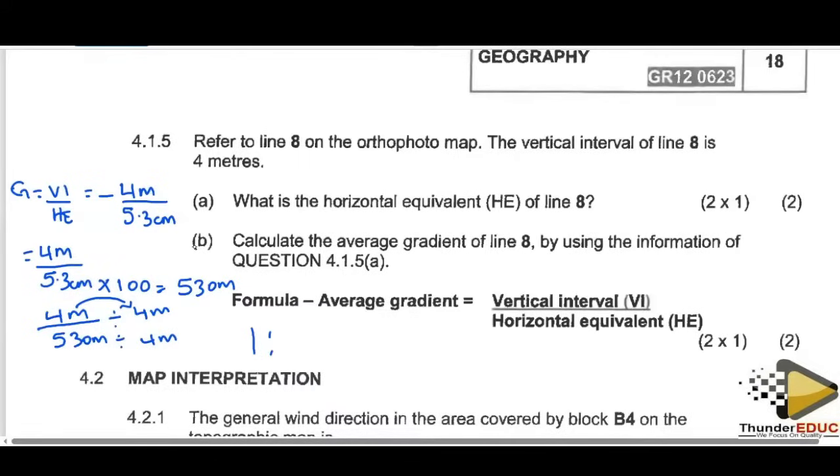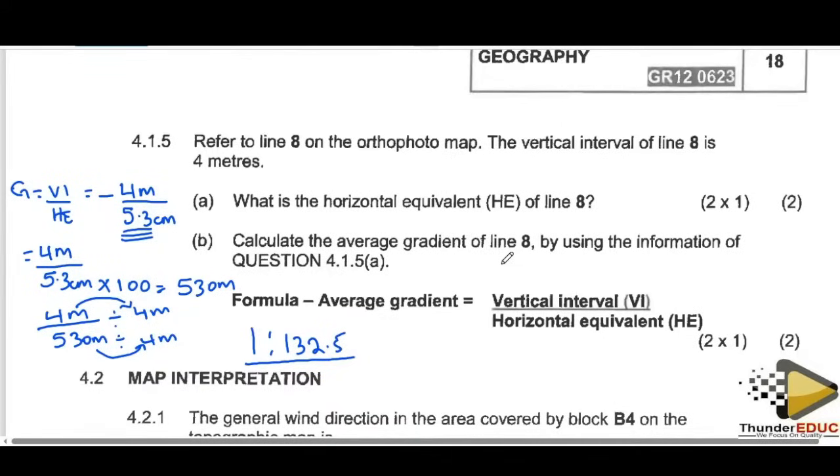Then 530 divided by 4, you're getting 132.5 as our answer for gradient. But remember, for the distance, we just estimated since I didn't have a physical map on me to do the actual measurements. But those are the steps.